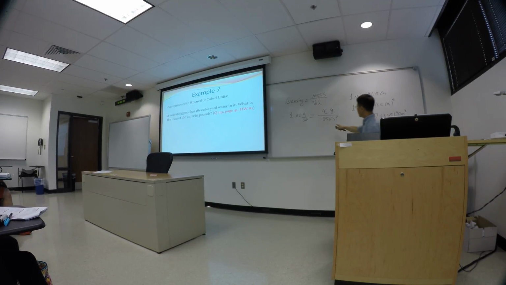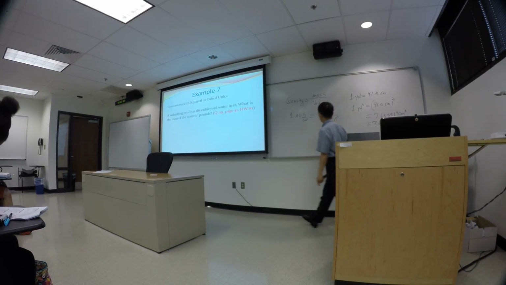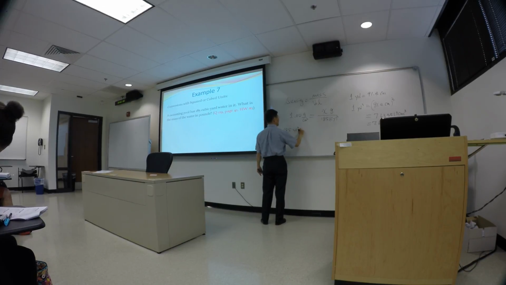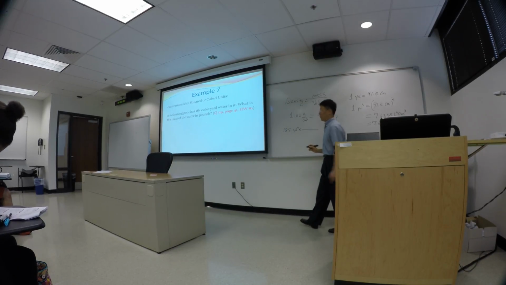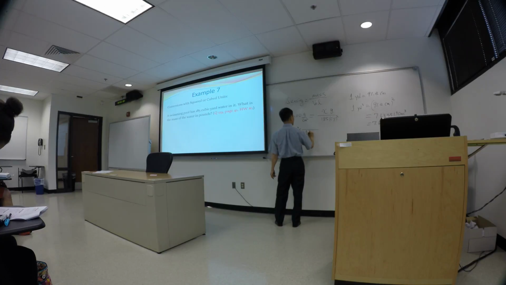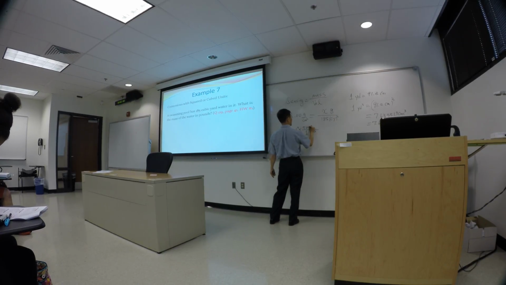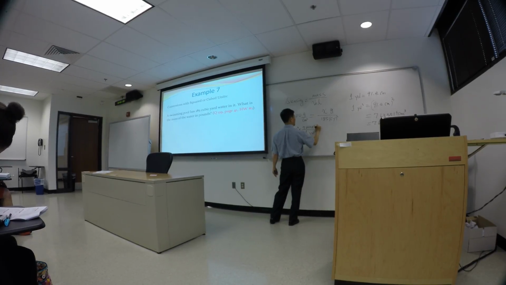We have 185 cubic yards. We need to convert this into cubic centimeters. So what we have here is 185 cubic yards times the conversion factor: 1 cubic yard equals 7.64 times 10 to the 5th cubic centimeter.